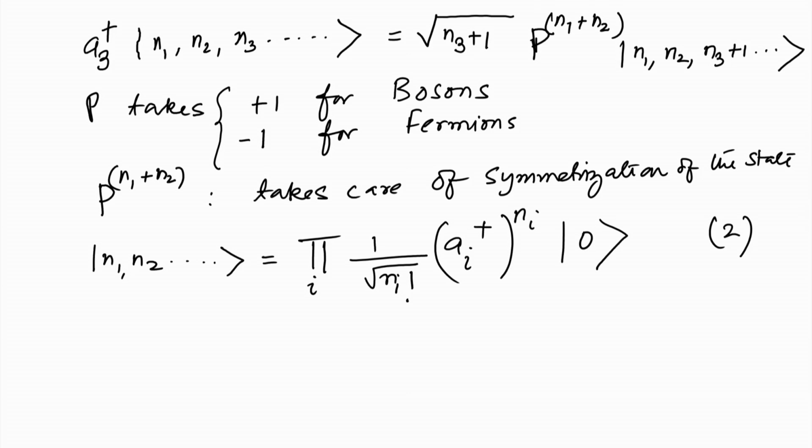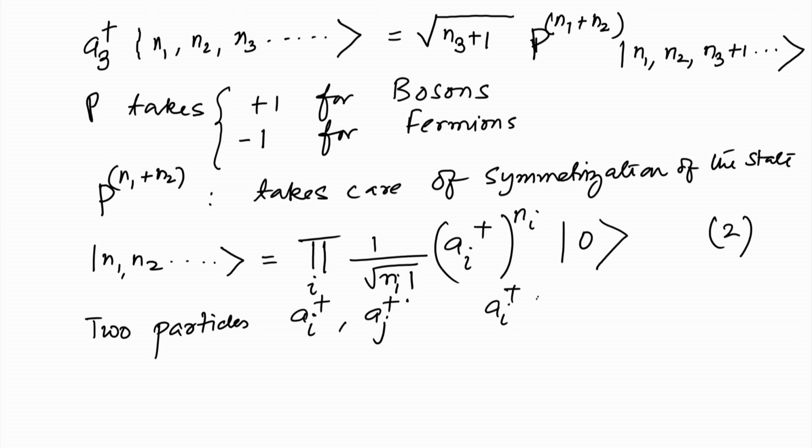So, we have two particles, and say they are located at i and j, and we just write them as A i dagger and A j dagger as the creation operators for these two particles. So, as if they are acting on vacuum.